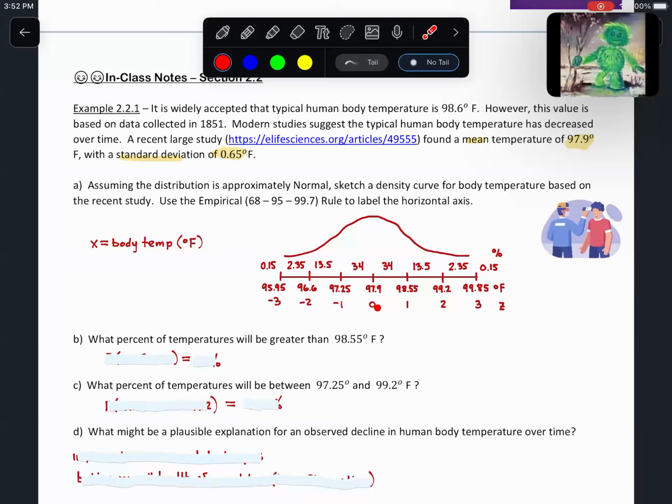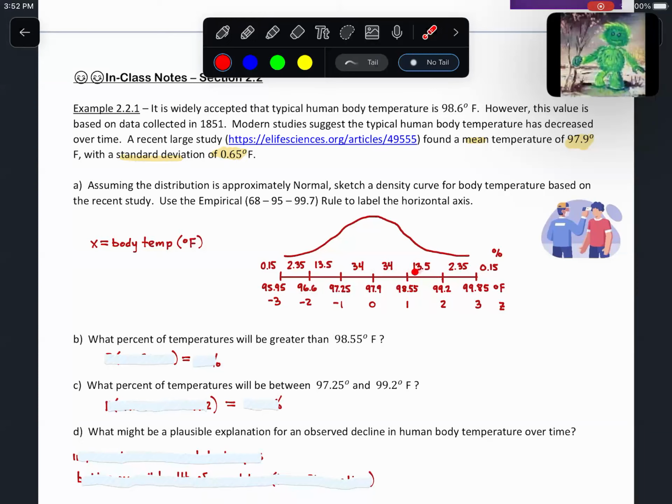Now, I'm going to allow myself to move 2 deviations in either direction. And according to the empirical rule, these intervals within there have to hold 95% of all temperatures. But keep in mind, the 68% from earlier is already included in the 95.